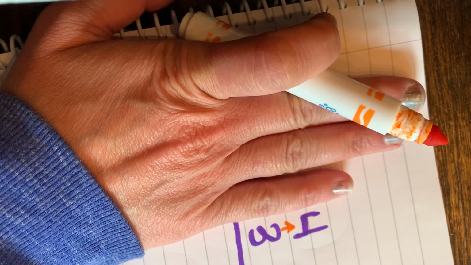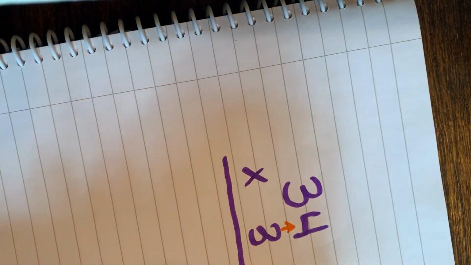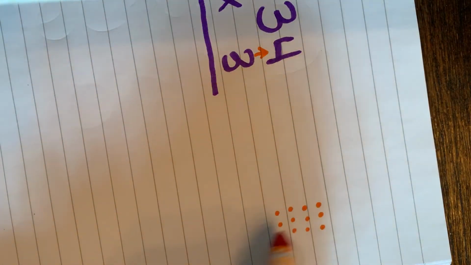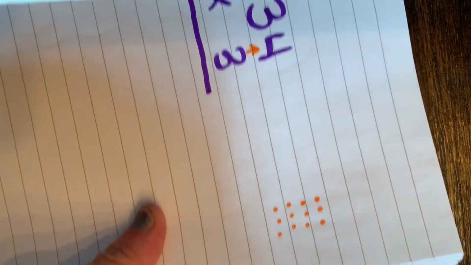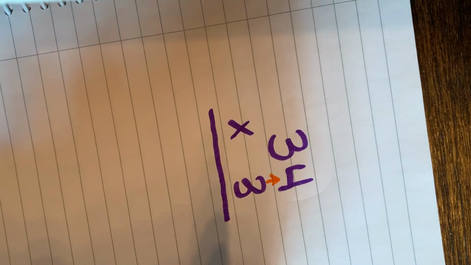So 3 times 4, and if you need to stop this to figure out what 3 times 4 is, you can make an array at the side. You can do 3 dots 4 times and count those up. I have that over here. Or if you have a multiplication chart at your house, hopefully you've been practicing your facts. So 3 times 4 is 12.